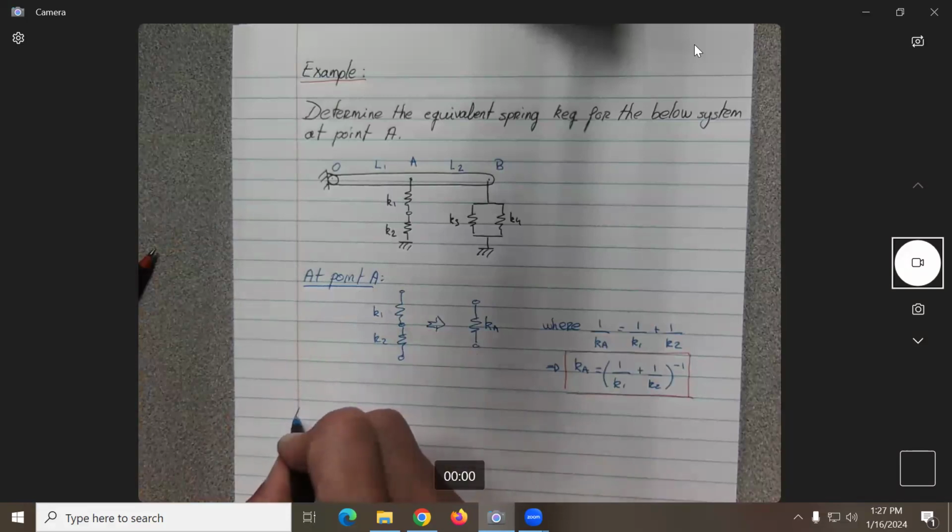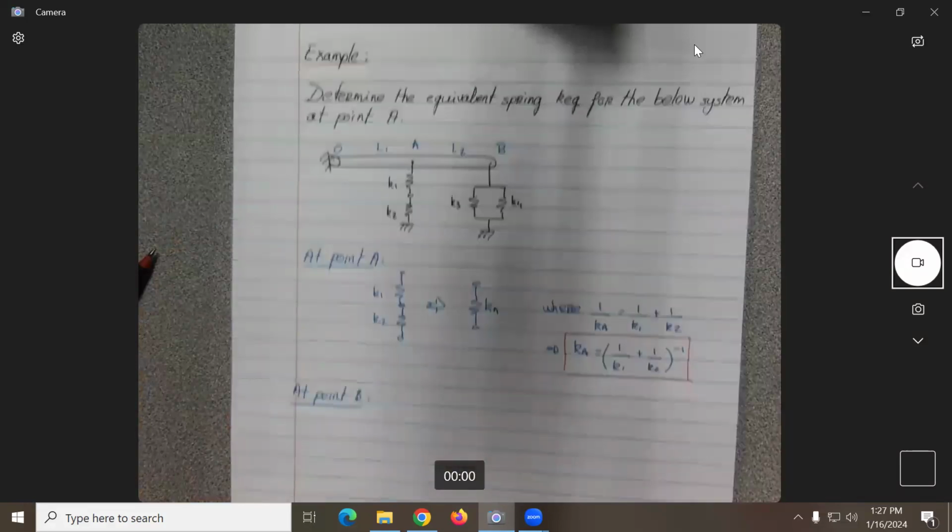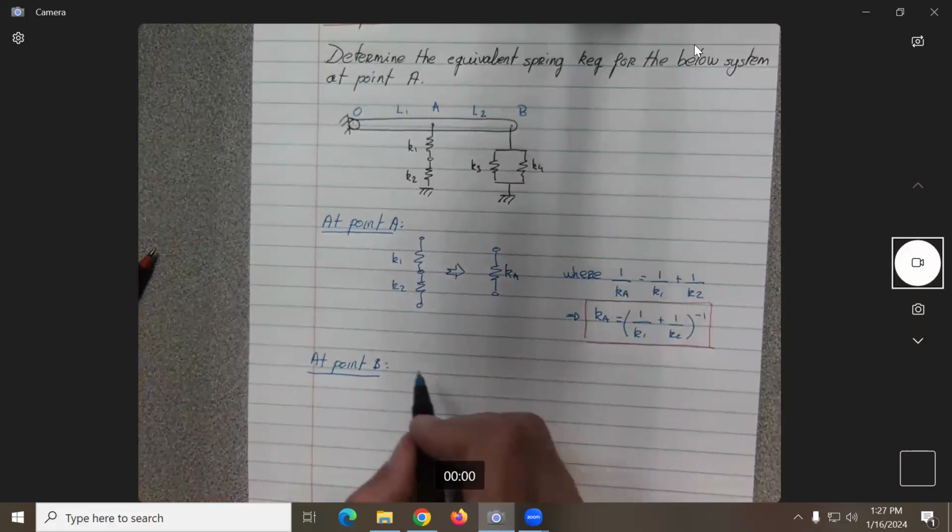Now, what do we have at point B? What are we going to have?